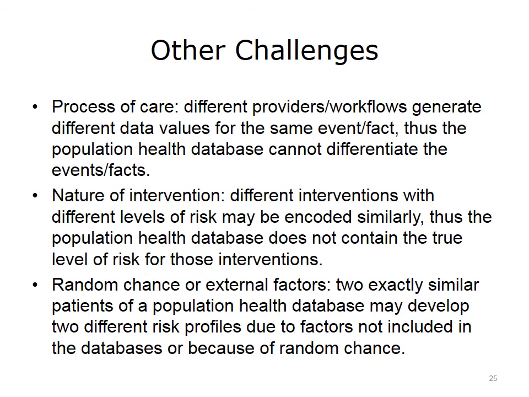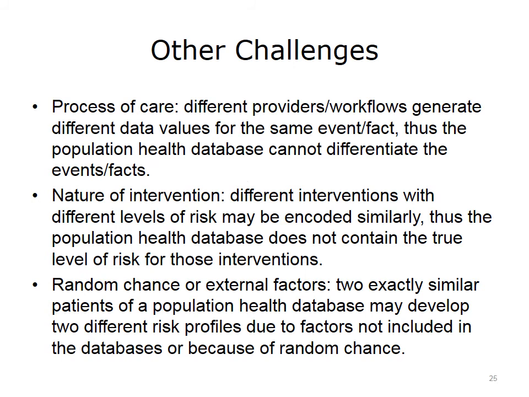There are also other innate challenges with developing predictive models for population health. These intrinsic challenges are almost impossible to fix, but analysts should be aware of them. Process of care refers to the fact that different providers or clinical workflows generate different data values for the same event or fact. Thus, the same fact or event might show up differently in the same population health database.